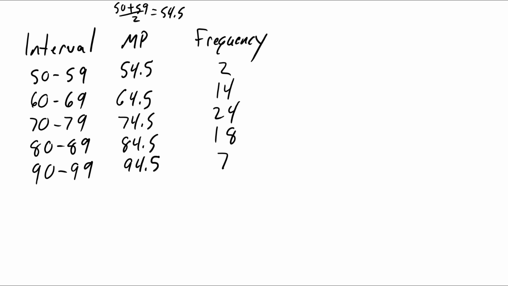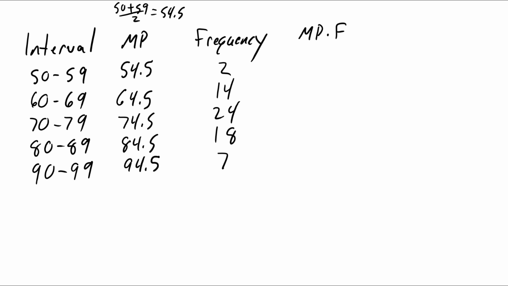Now we could actually type that into the calculator one at a time, 54.5 plus 54.5 plus 64.5, 14 times. But it would be a lot easier just to use what we know about multiplication, which is that multiplication is just a repeated addition. So if we multiply our midpoints times our frequencies, then that's the same as adding them up.